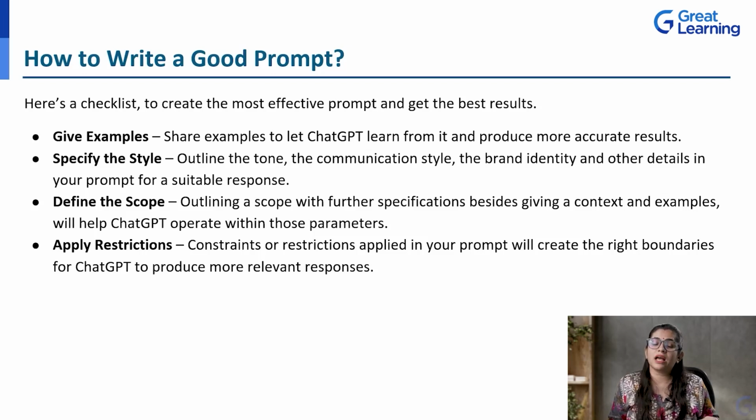So, all these are checklists that you can keep in mind. Again, all these pointers in your checklist revolve around the components of a good prompt that we have already seen. But as a checklist, you can keep in mind that these are the pointers which I can follow when I'm designing my prompt. So, this is how you can write a good prompt.